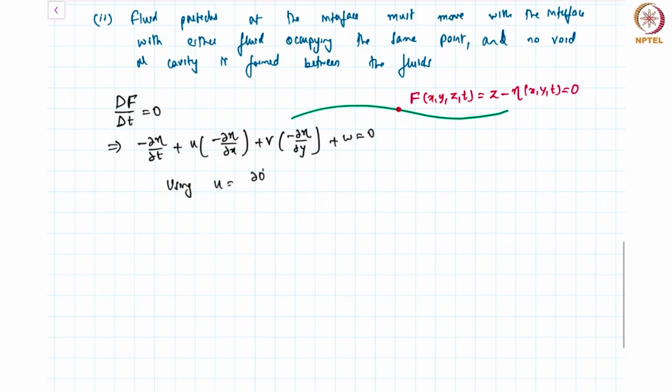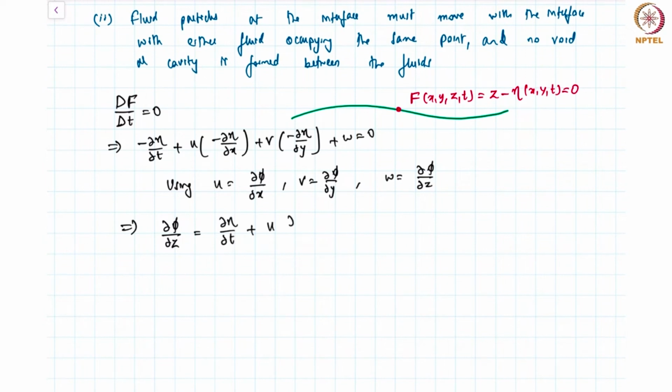Using u equals del phi by del x, v equals del phi by del y, and w equals del phi by del z, remember u was just the gradient of the scalar, I substitute into the previous relation and get del eta by del t plus del phi by del x times del eta by del x plus del phi by del y times del eta by del y, at z equals eta.